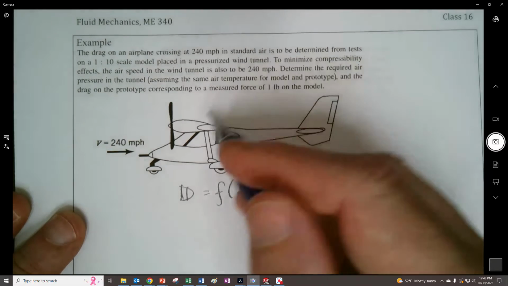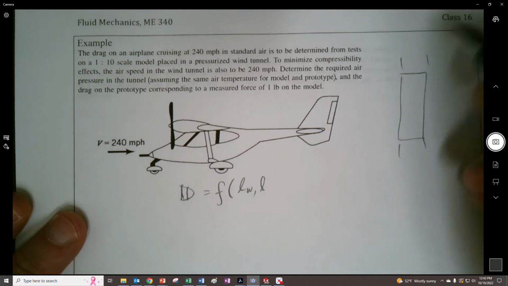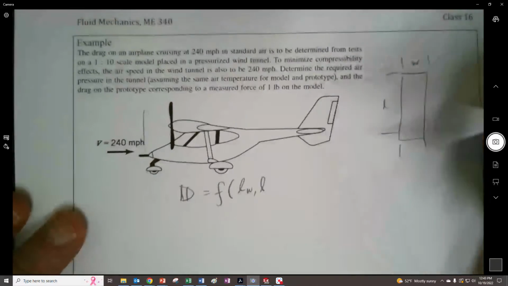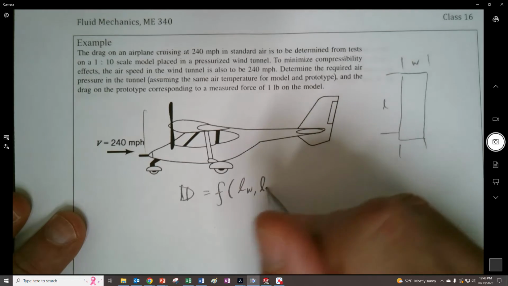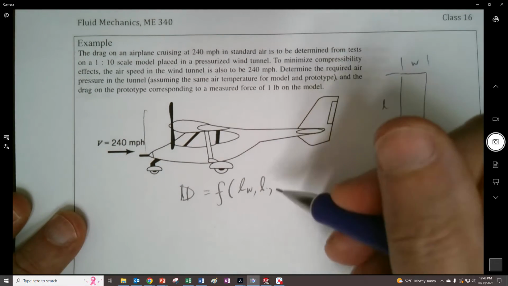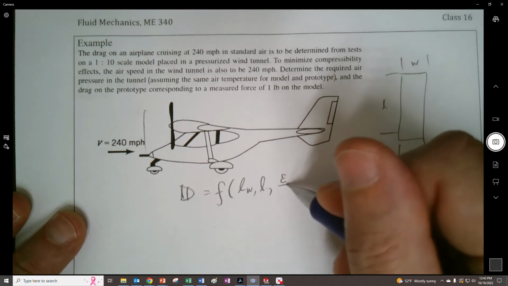So here we have the length and we have the width. We also might have the length of the airplane involved, but I'll just keep them that way. And we might also have the roughness.